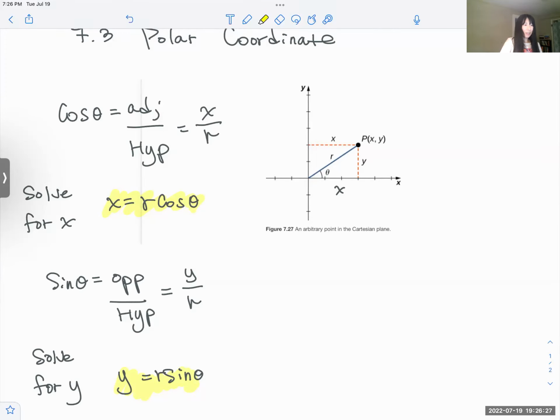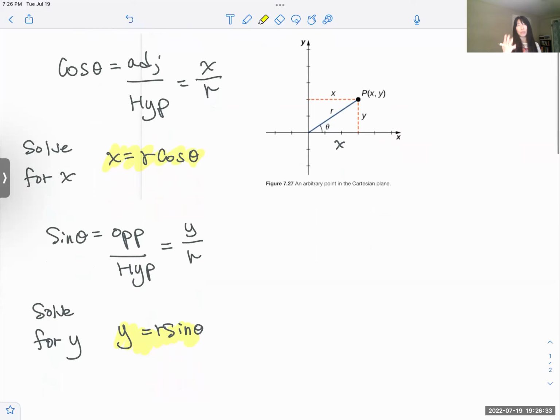Now we know this from pre-calculus and trigonometry courses, right? And r squared, how do we know r squared is x squared plus y squared? By the Pythagorean theorem, right?